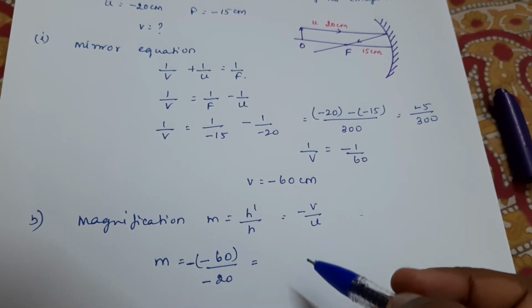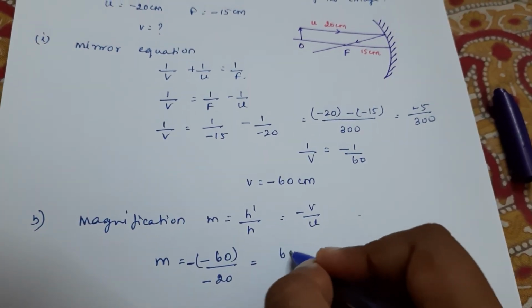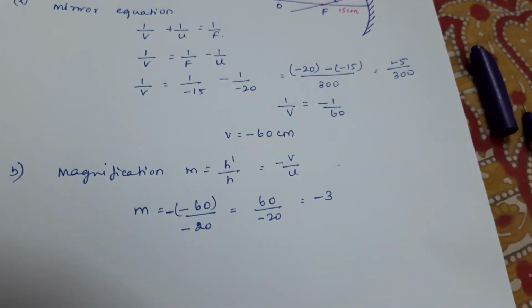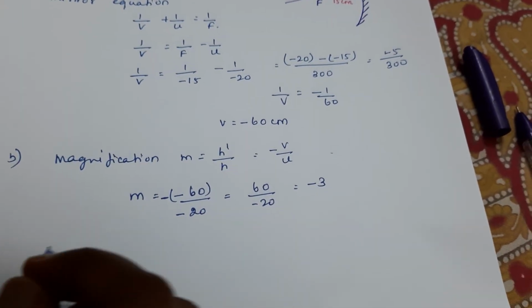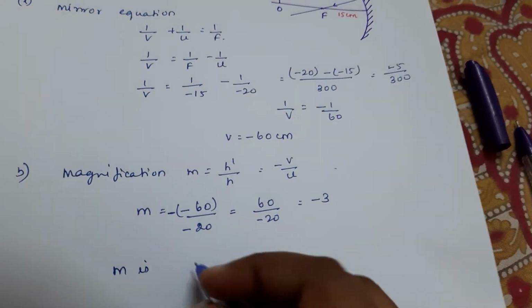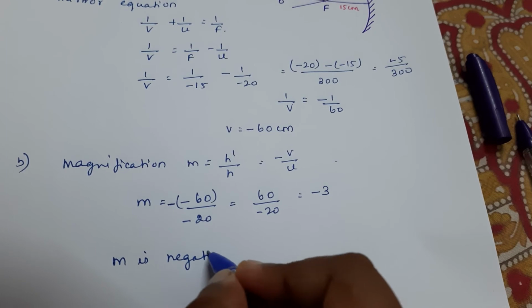Already in the formula there is a minus. So it is 60 by minus 20, which is nothing but minus 3. So here the magnification is negative. So M is a negative value.